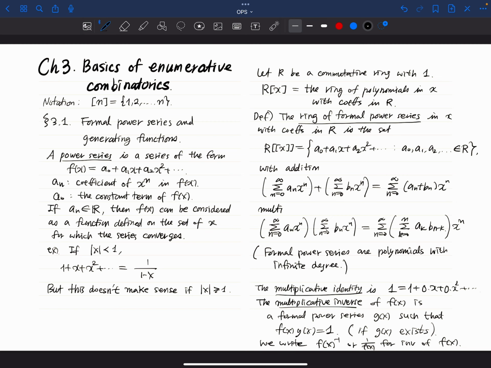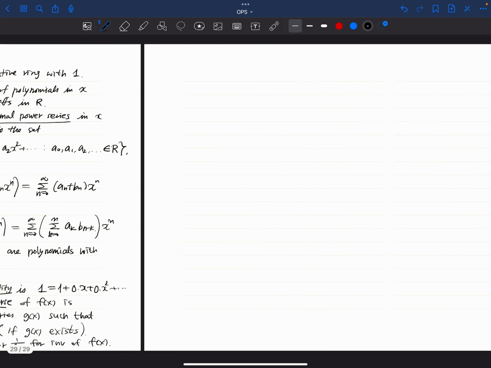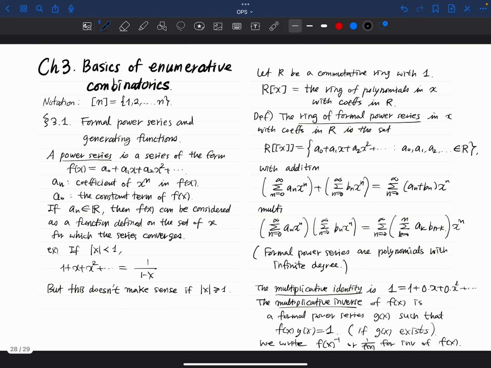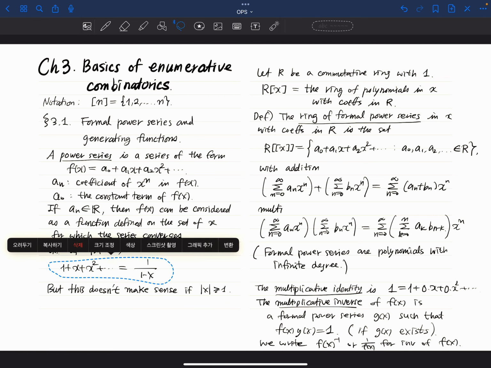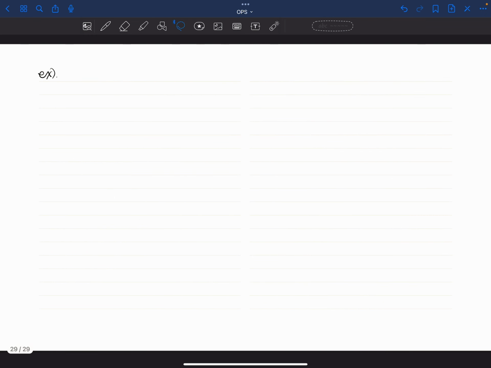So let's see an example. Okay, let's copy this. This is true, and in the language of formal power series, this holds.